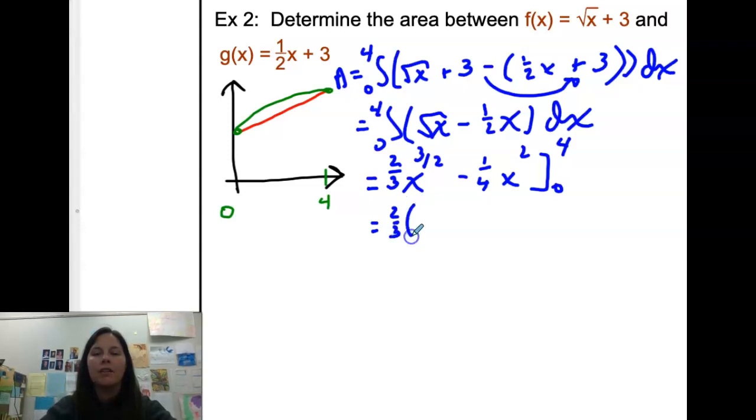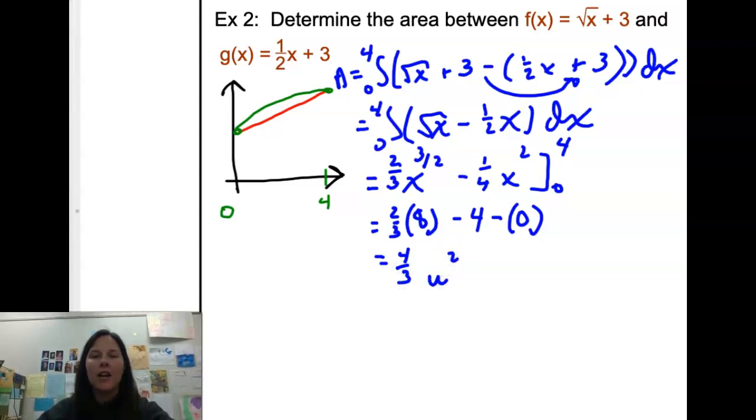The denominator is the root, so this is saying the square root of 4, which is 2, and then cubing it. 2 cubed gives me 8, and then 4 squared is 16. 16 divided by 4 is 4, and again, subbing in that 0 to both terms, I still get a 0. This one you could use your calculator for. We have 16/3 minus 4, but 16/3 minus 12/3 gives us 4/3 units squared for that area between the two curves.